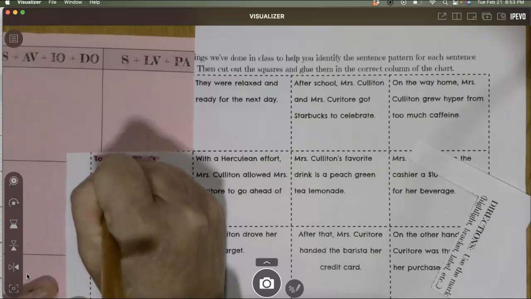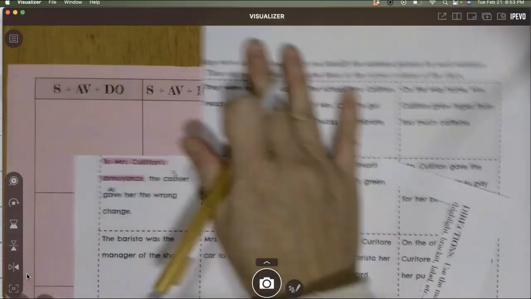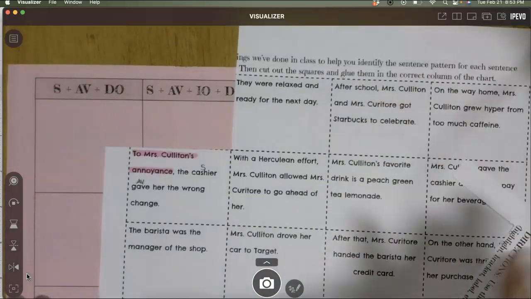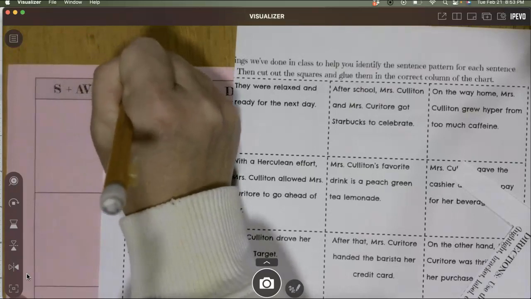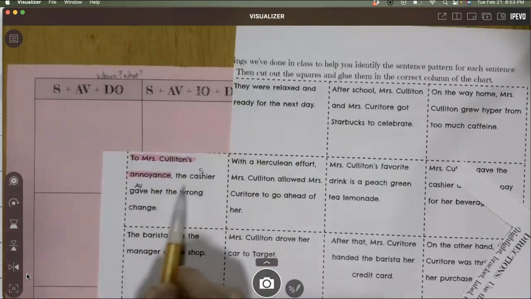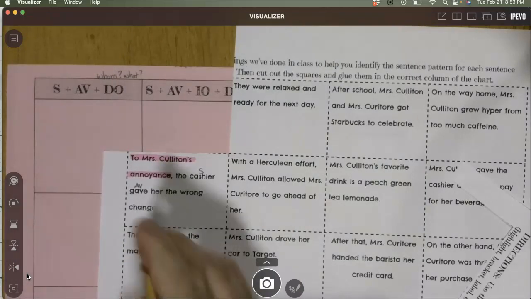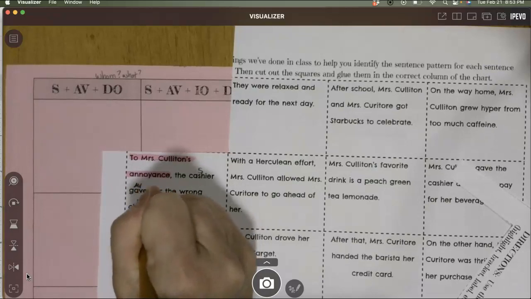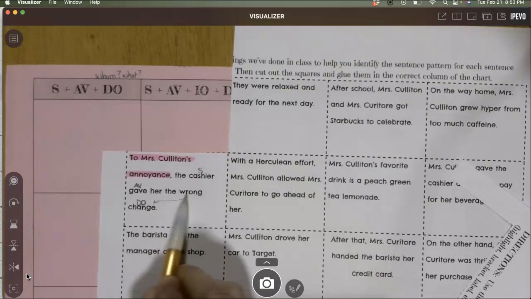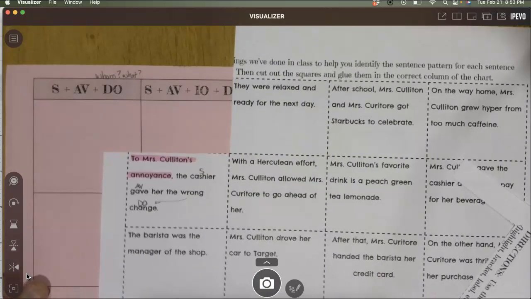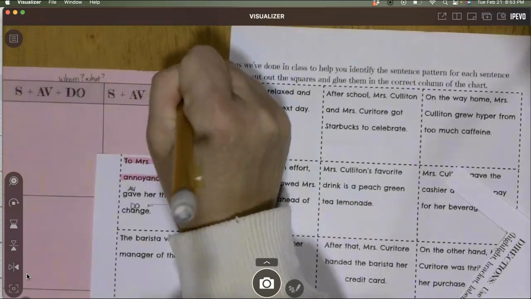She gave. Well, now I'm going to look for my direct object first. Since I have an action verb, I know it's going to be one of these two sentence patterns. So to find the direct object, I'm going to ask whom or what? What did the cashier give? The cashier gave change, money, the wrong change. Okay, and now I still see some words in between, so I'm going to see, is there an indirect object? To whom?